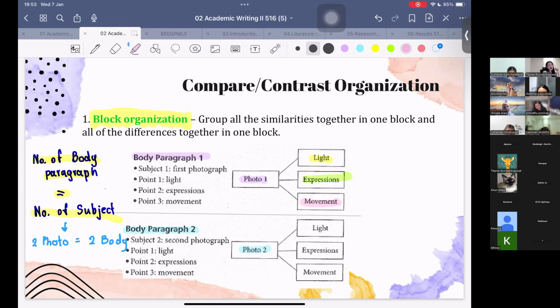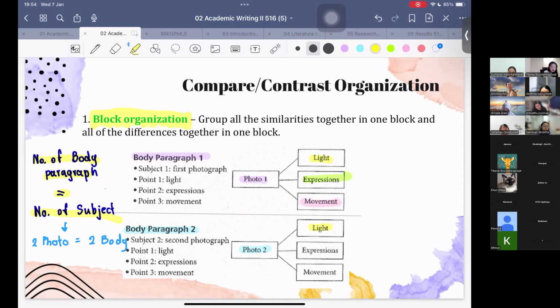Moving on, body paragraph number 2. For body paragraph 2, you're going to talk about photo 2. So not photo 1, but body 2, photo 2. And in photo 2, you write the same structure as you wrote in body paragraph 1. Start by discussing the light first.